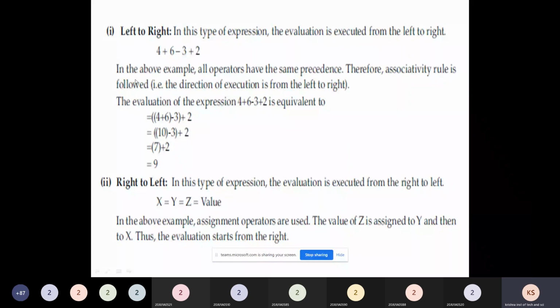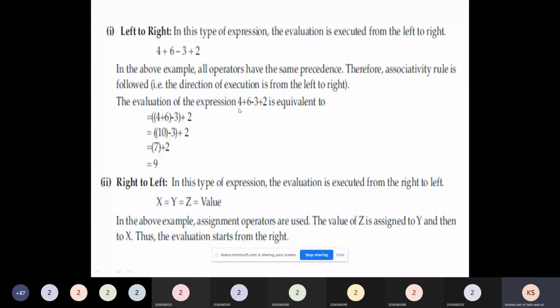In this example, all operators have the same precedence: plus, minus, plus, all are addition and subtraction. So which operation do we have to do first? Arithmetic operations follow left to right associativity.